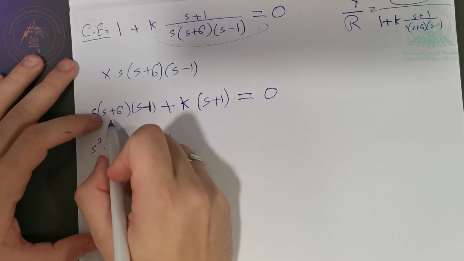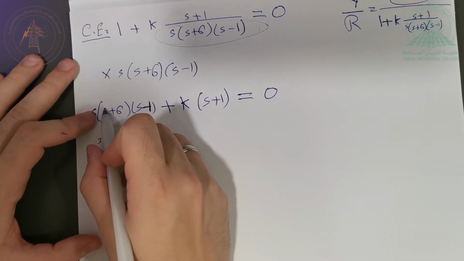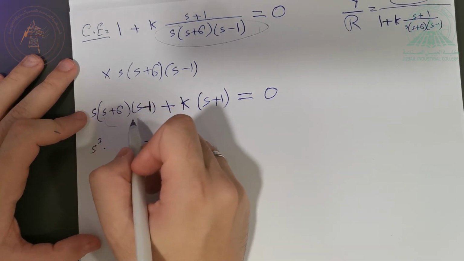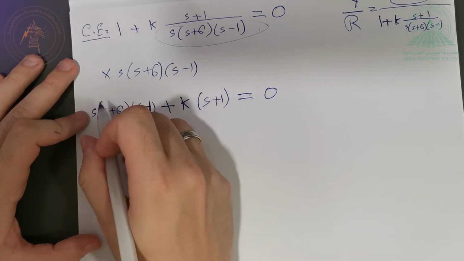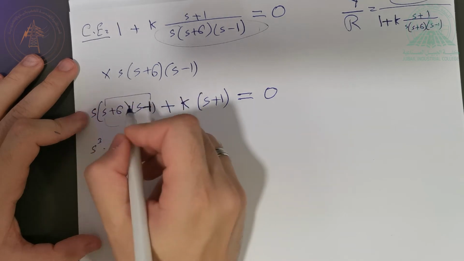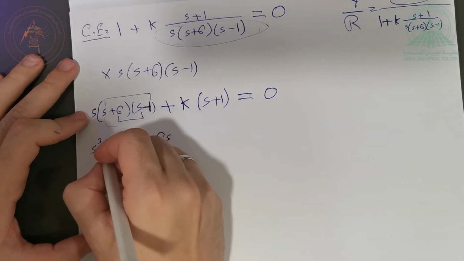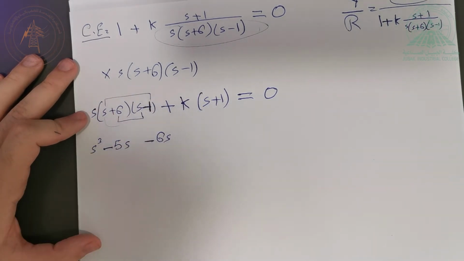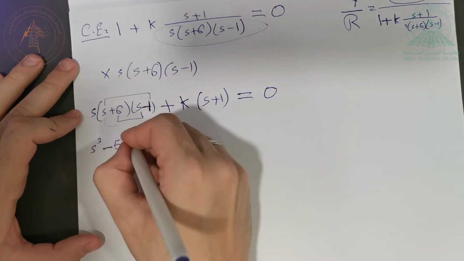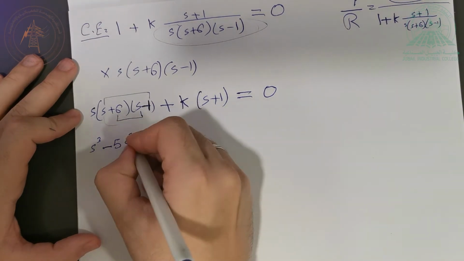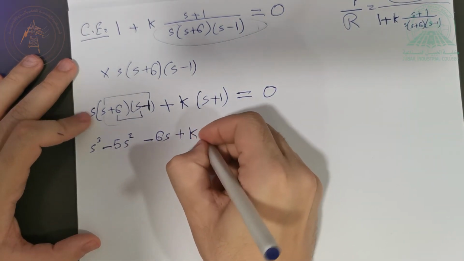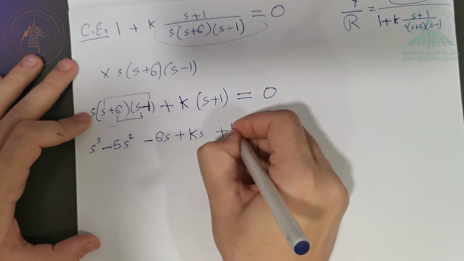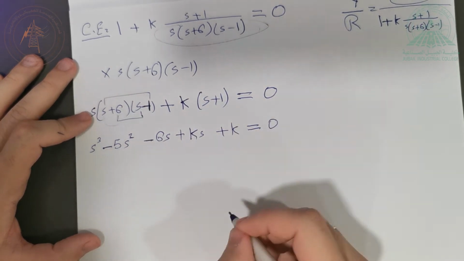In the middle, I have s square, I have minus s with plus 6s, so you get minus 5s, but I have s outside, so it will become s square. Then plus, multiply this by this, you get ks, then plus k equals 0.